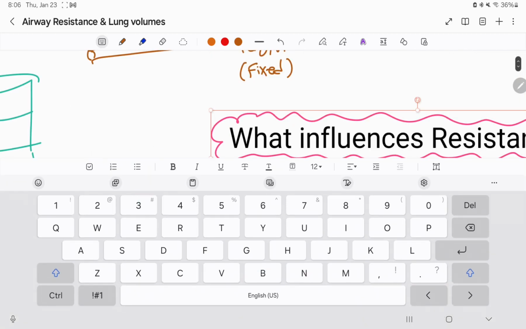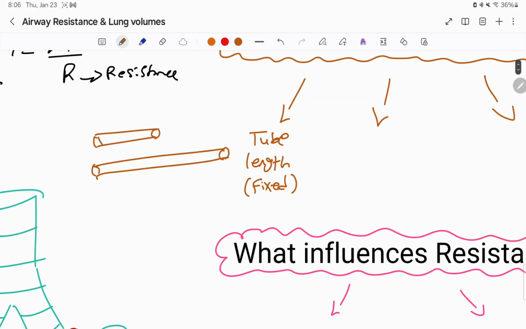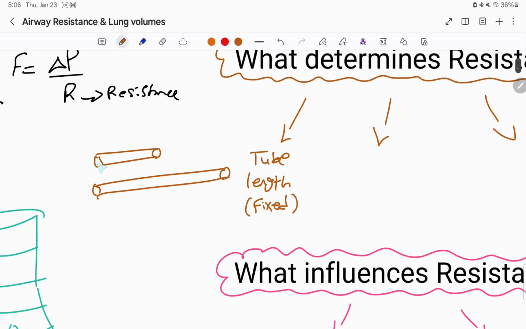Which one of these do you think is going to have the higher resistance? So I'm going to blow and suck into this straw, and I'm going to pretty quickly get something out. But over here, it takes a longer time, okay? So obviously the second one is going to have a higher resistance to airflow, or just flow.